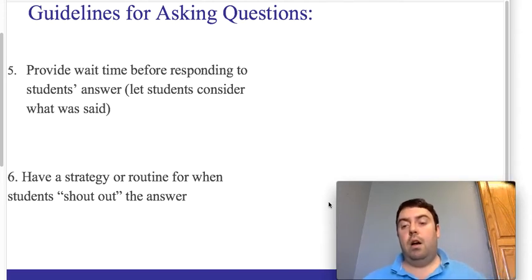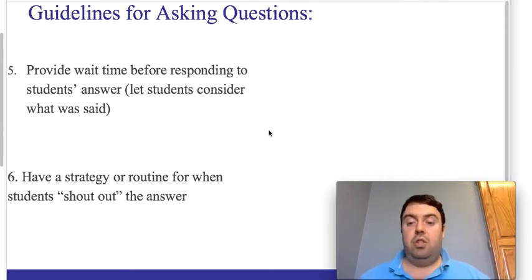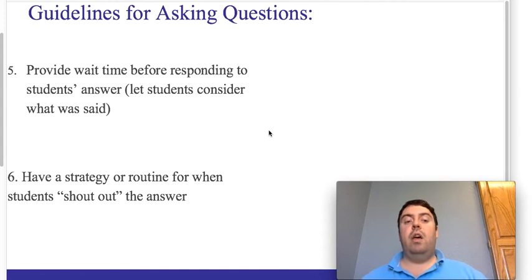Also, make sure you have a strategy or a routine for what happens when students shout out an answer. Normally when students shout out an answer, you don't want to completely ignore them because they're going to keep on shouting out answers until you pay attention to them, which will cause more distraction. So if someone shouts out an answer, you might have a symbol, like a signal that you've taught to students to remind them to raise their hand.